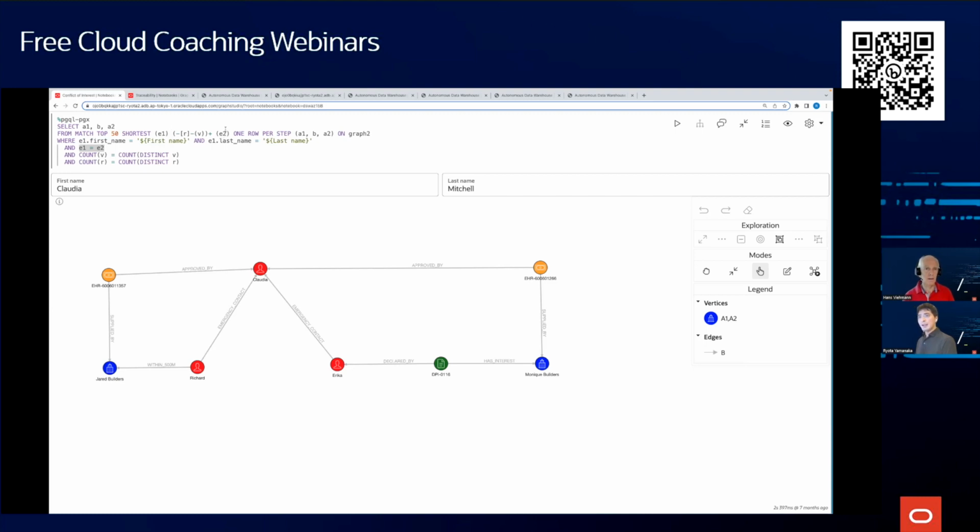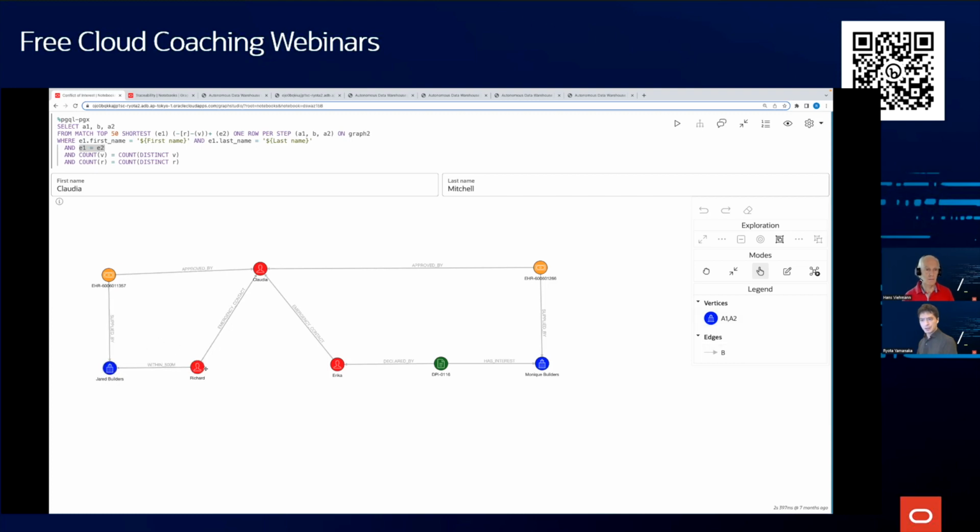And then you can get 2 cycles here. Claudia shares the emergency contact with Richard, and Richard is living close to this supplier.